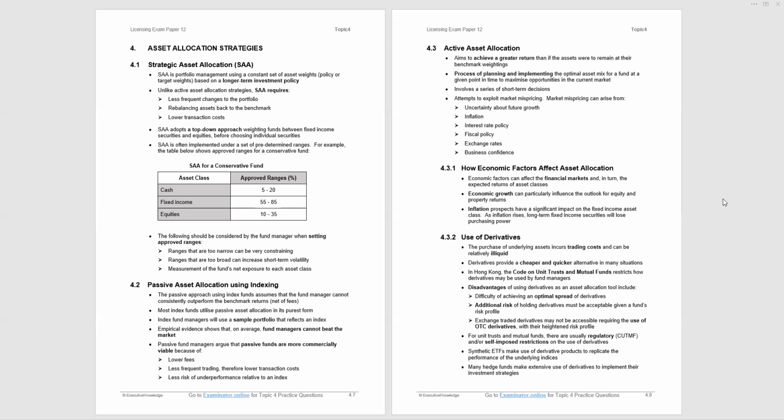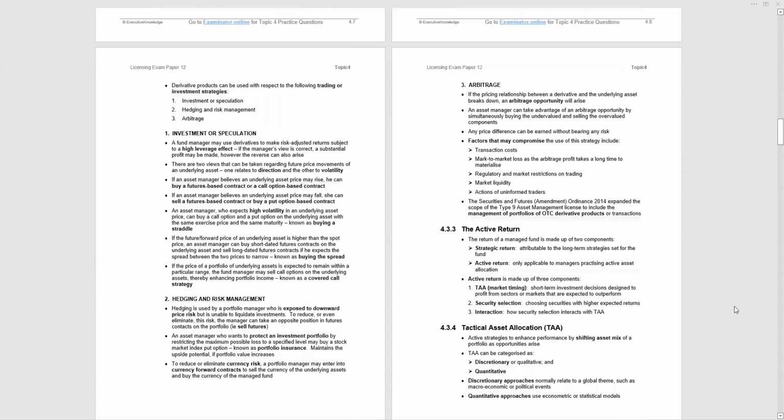Synthetic exchange-traded funds make use of derivative products so as to replicate performance of underlying indices. Now, that's a lot more complex, and you have to have the required expertise. Many hedge funds make extensive use of derivatives to implement investment strategies.